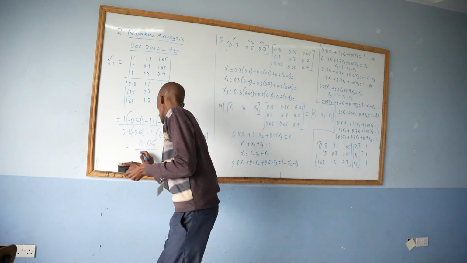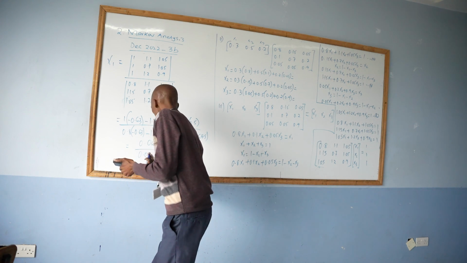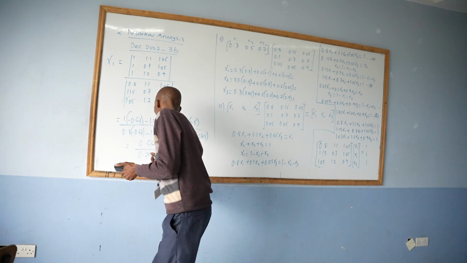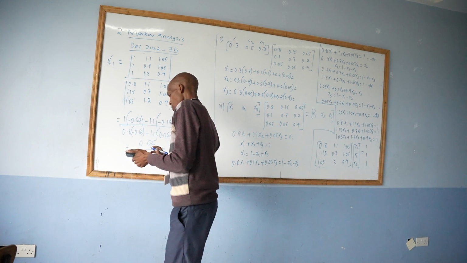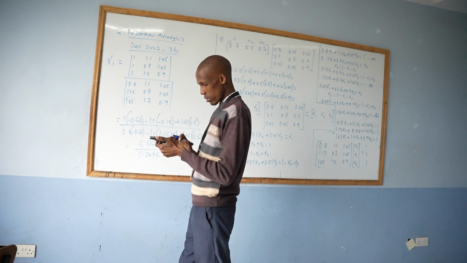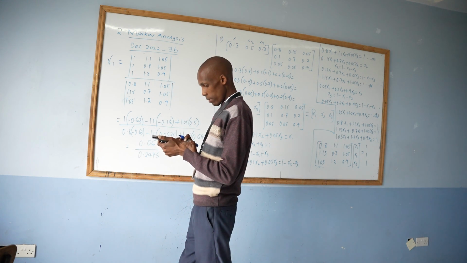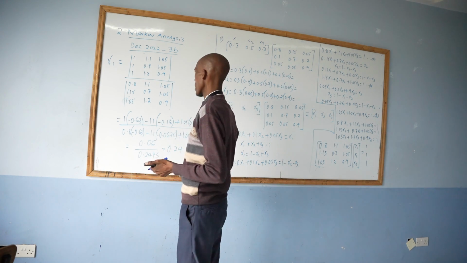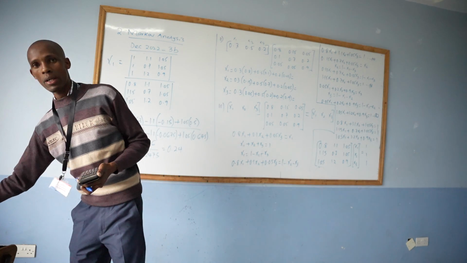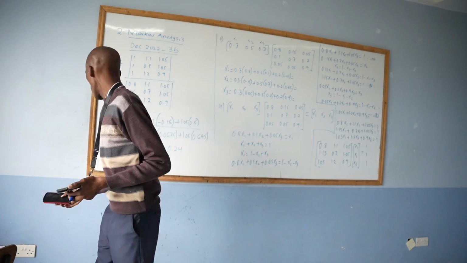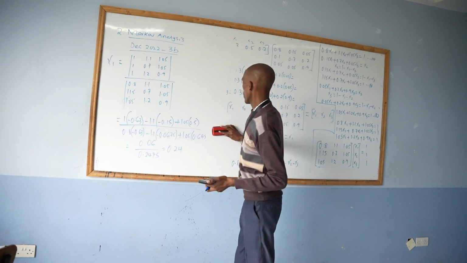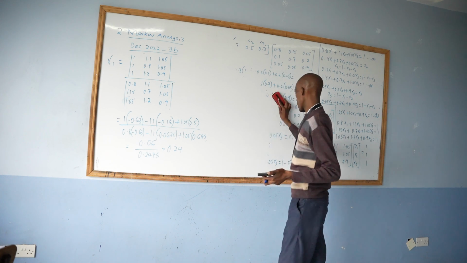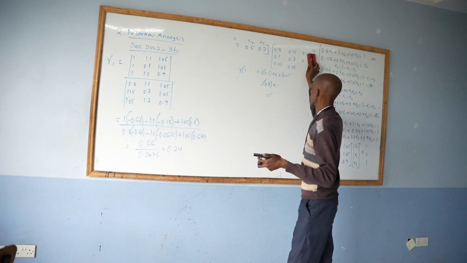You get 0.2475. So 0.06 divided by that answer, you get 0.24. So that is x1. x1 in the long run is 0.24. Now, if you get the first one, it becomes easy to get the third one.